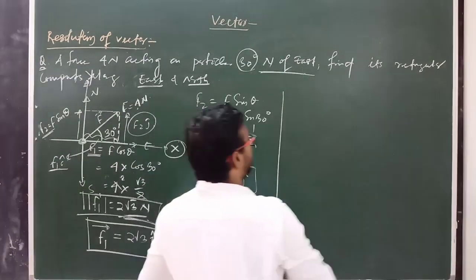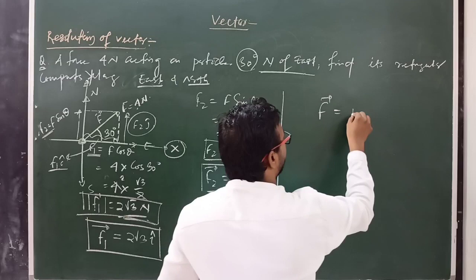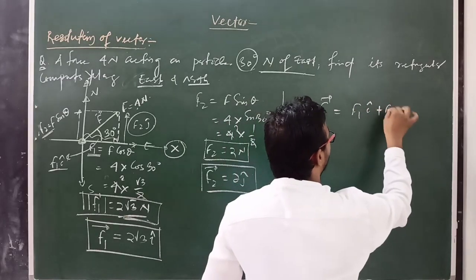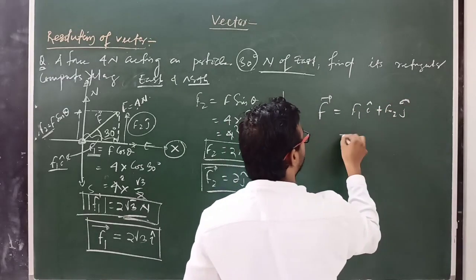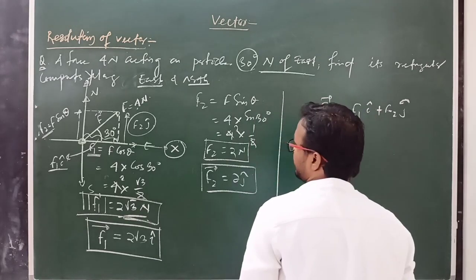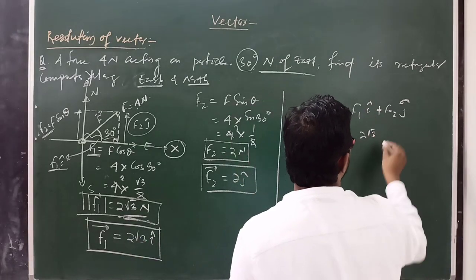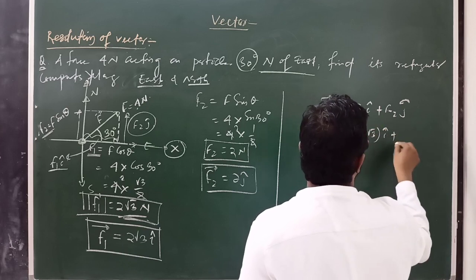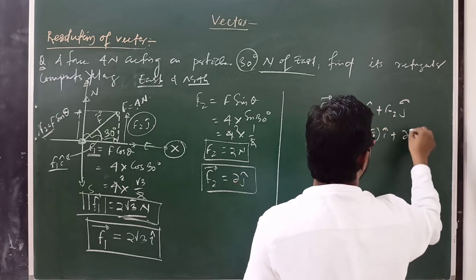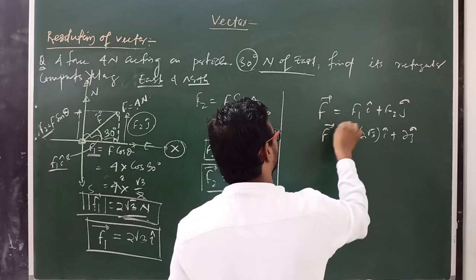So F vector is F1 i cap plus F2 j cap, equal to 2 root 3 i cap plus 2 j cap. This is the vector form.